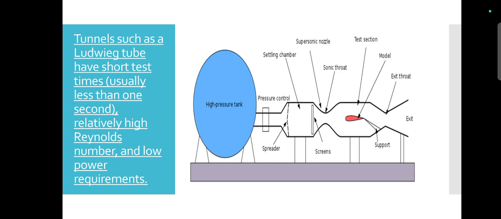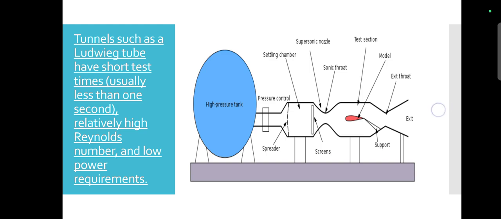Tunnels such as Ludwieg tube have the shortest run times, usually less than 1 second, relatively high Reynolds number and low power requirement. This is the tunnel of high pressure tank. Here's some schematic diagram, and these are the parts of wind tunnel.